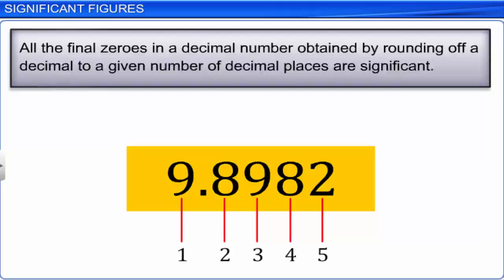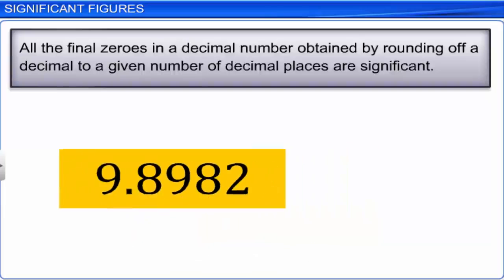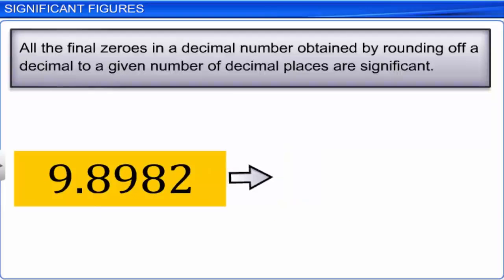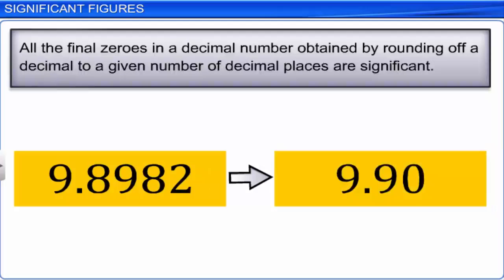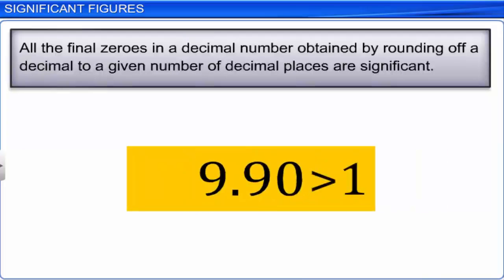Let's round off the number to 2 decimal places. The resultant number, 9.90, has the digit 0. But this number is greater than 1. Therefore, 0 is also a significant number. The number of significant figures in this number is 3.